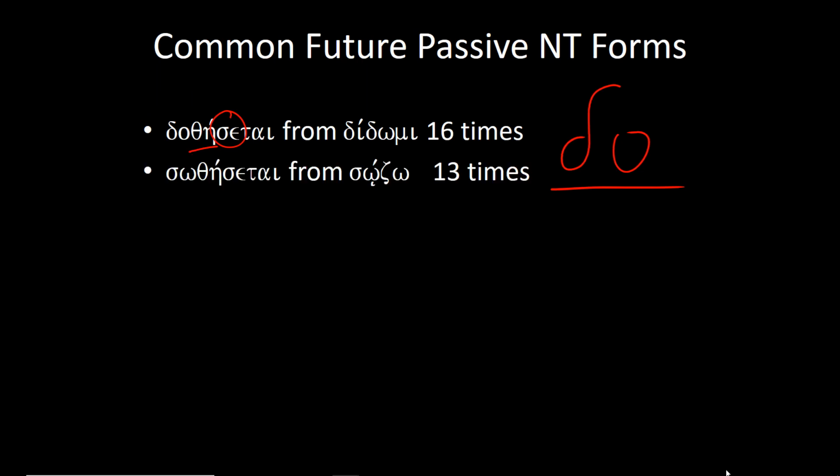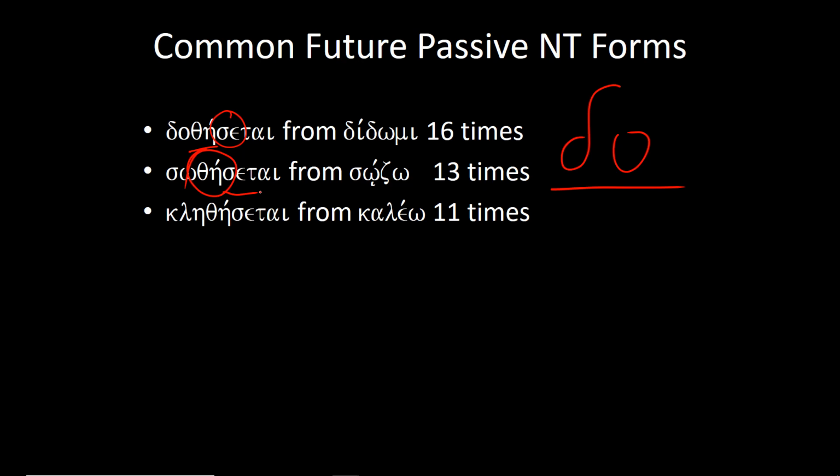Sōthēsetai, from sōzō, no augment, theta eta, then we do have that sigma. So this is future passive. From sōzō, I save. He, she, or it will be saved. Klēthēsetai.